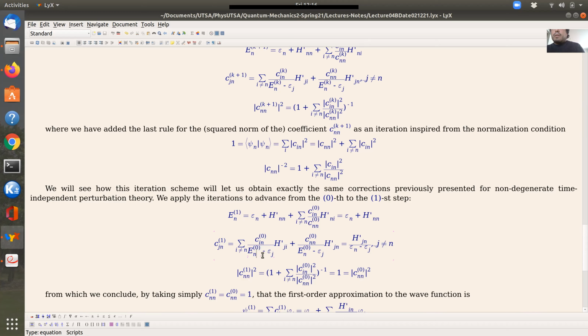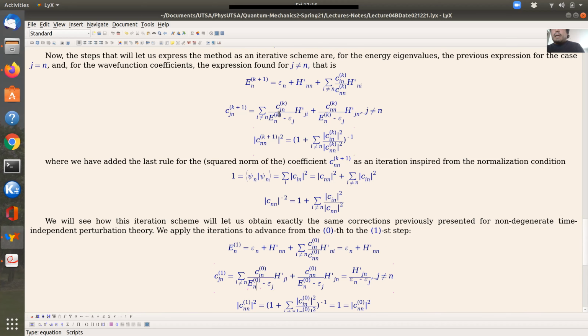So I don't have an issue in the denominator. And then I have H'_ji. So this vanishes altogether, and then I have this other element, C_nn to order 0, which was equal to 1, again by assumption of these Kronecker deltas for the coefficients. And then E_n^0, plugging k equal to 0, minus E_j^0.